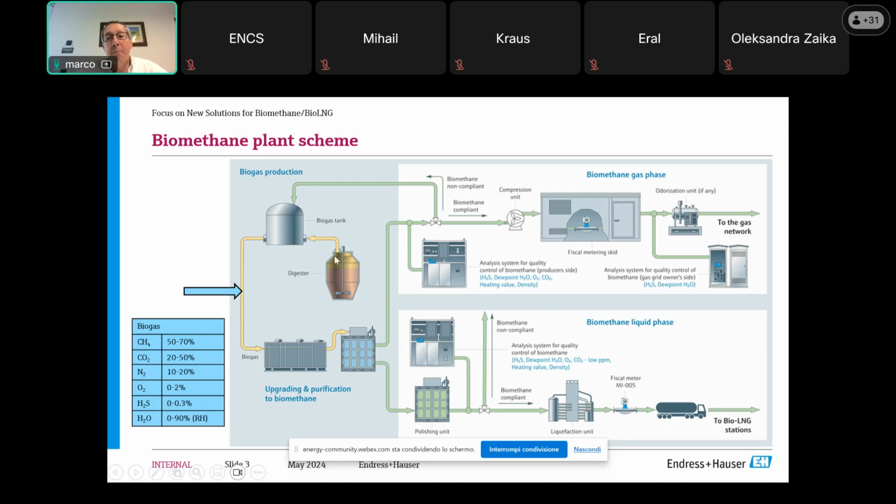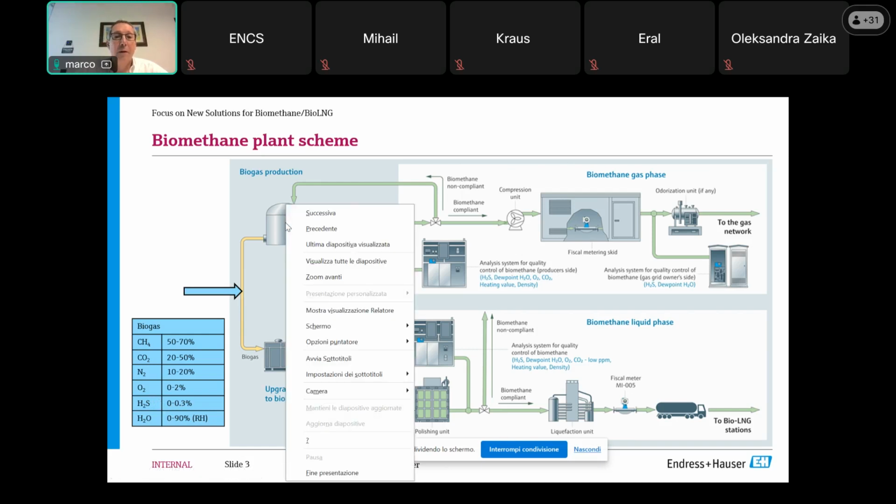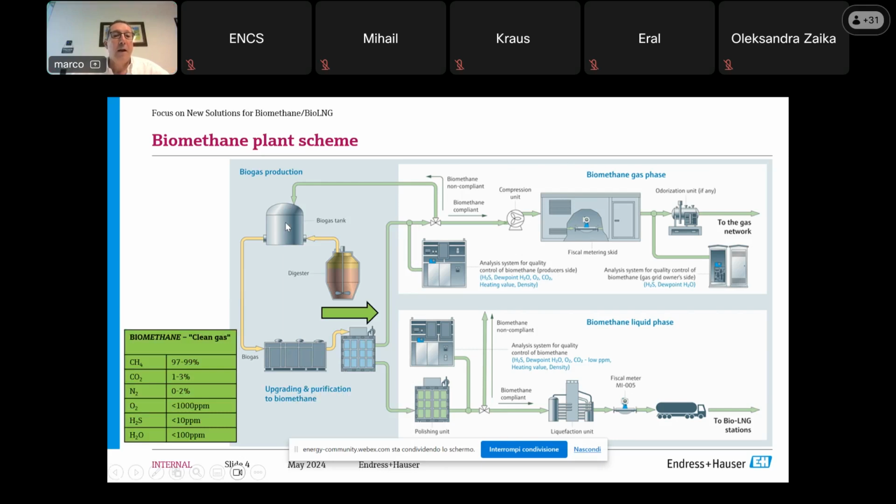The produced biogas is stored in a tank. From the tank, we separate the two possible destinations, but let's start from the gas phase, which is the most common.